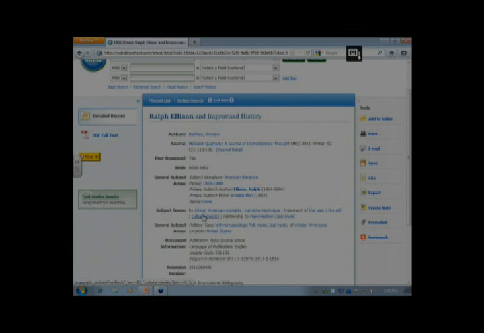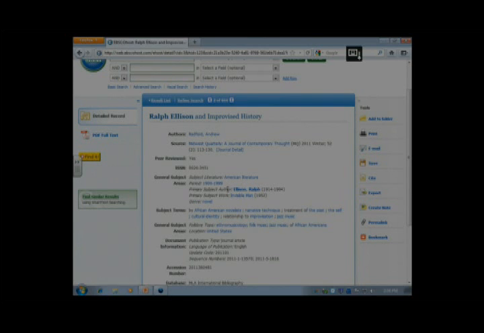The self, cultural identity, relationship to improvisation and jazz music here. They've done the legwork here for you. Use it to your advantage. And obviously clicking on Invisible Man, that novel I mentioned before, will take you to articles in this database dealing specifically with this novel.